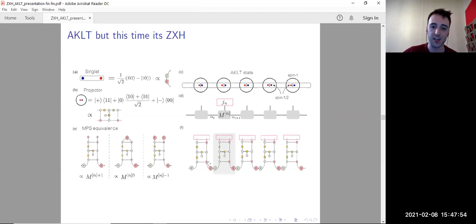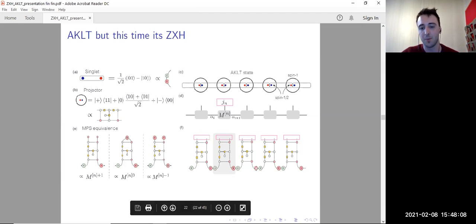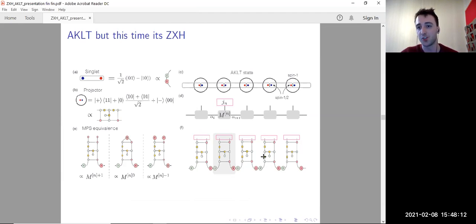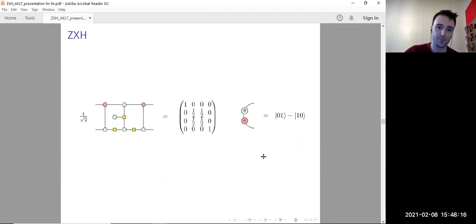And in F, you see a collection of these MPS matrices, which form the AKLT state. And you can see how this is going to work. You've got the lovely magneto square there that illustrates where your spin 1 site is. You can see how each spin 1 is connected by a bunch of singlets. And there's some sort of projector-like object on top, which, as I'll demonstrate, is going to give you the spin 1.